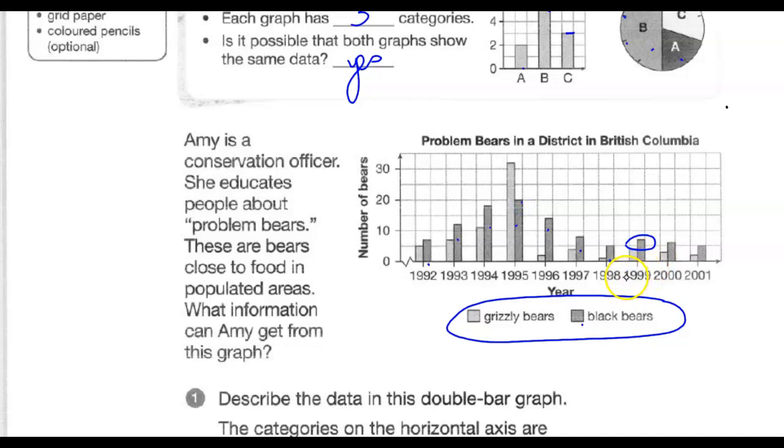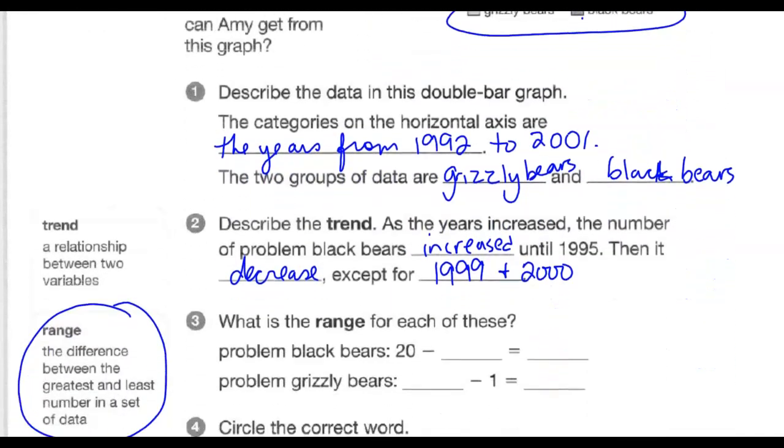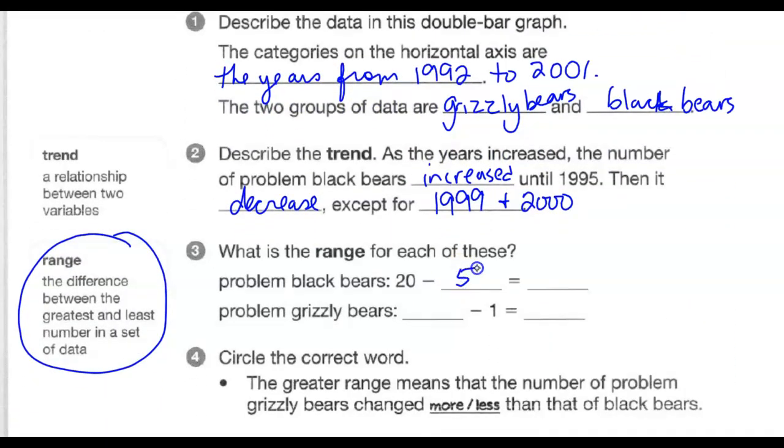And then the smallest looks like for that would be either one of these, which if you look across here is 1 grid marking, which is 5. So the range is 15.